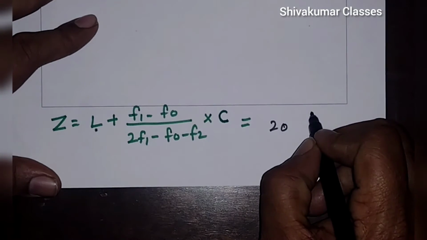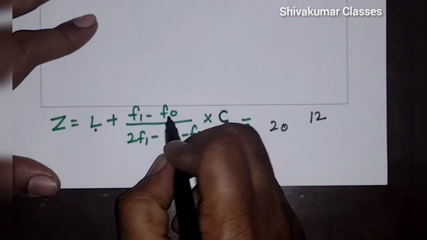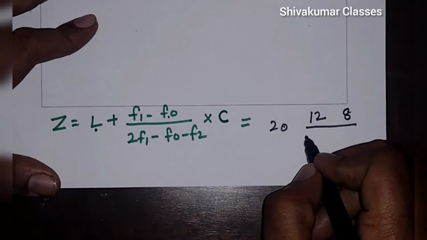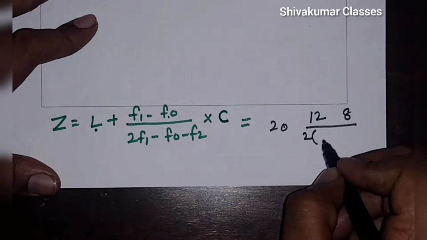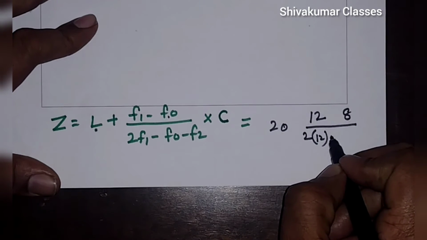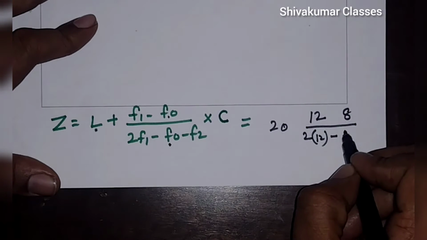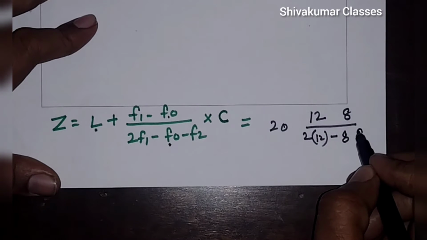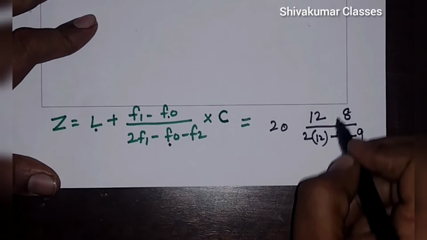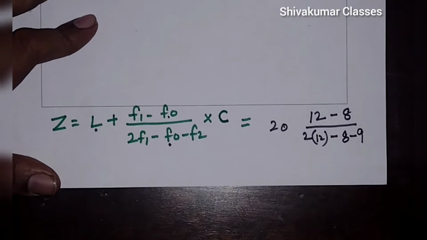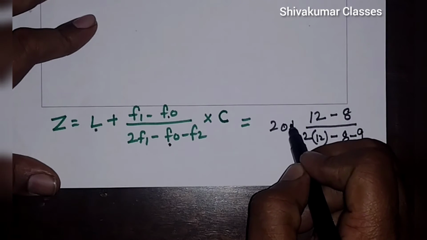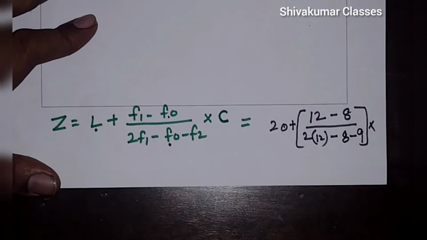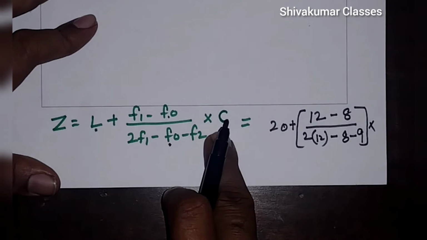F1 is 12, F0 is 8, and 2 into F1, that means 2 into 12, minus F0 which is 8, minus F2 which is 9, and 20 plus, I'll make this a bracket, and it has to be multiplied with C. C is the width.